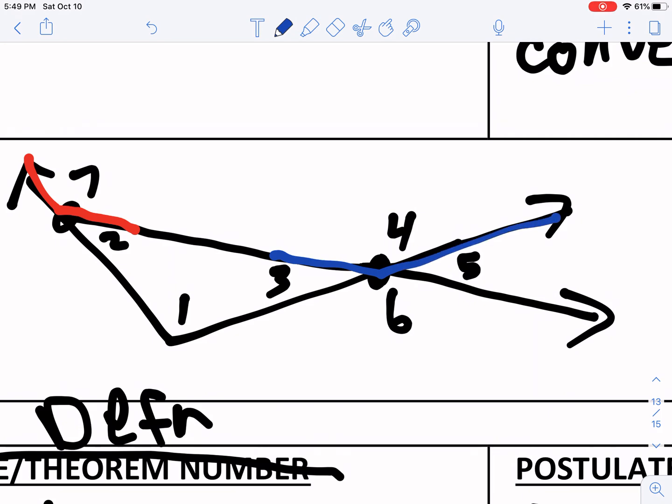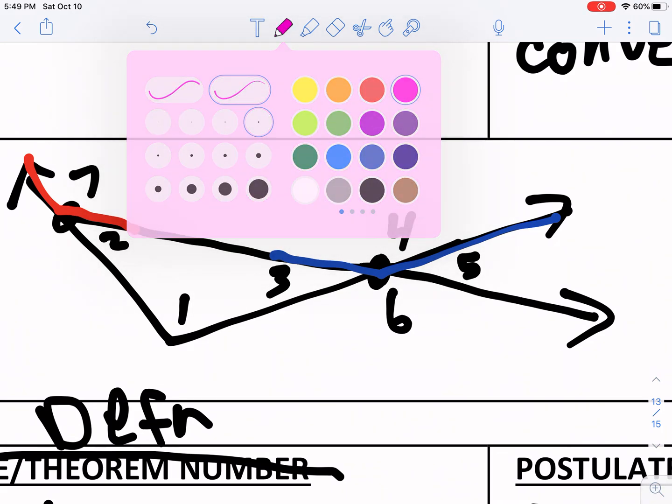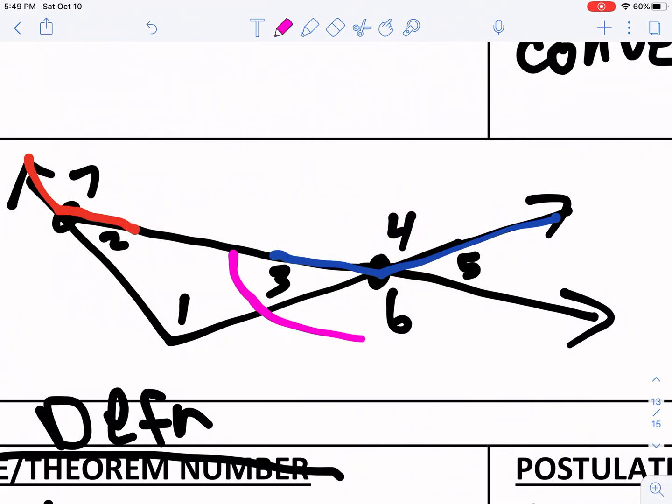Well, also notice with the ray that's also extended out on the other end here, let's use pink, is angle 3 and angle 6 here. Those guys are adjacent angles, correct? Well, angle 3 and angle 6, do they form a linear pair? Yes, so angle 6 here, that would also be an exterior angle. However, would angle 3 and angle 5 count as a linear pair so that angle 5 would be an exterior angle?